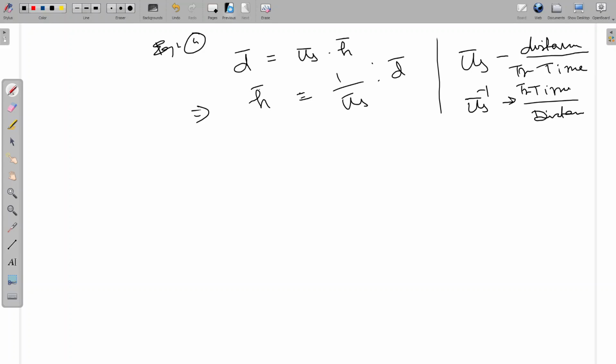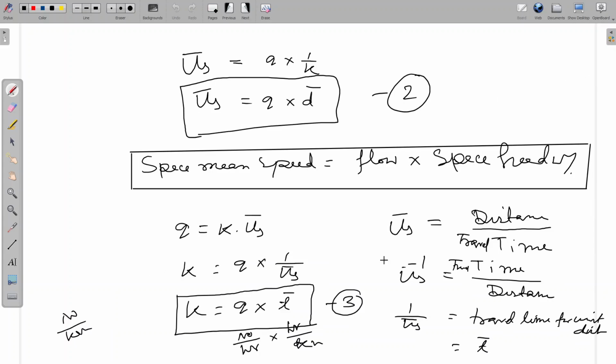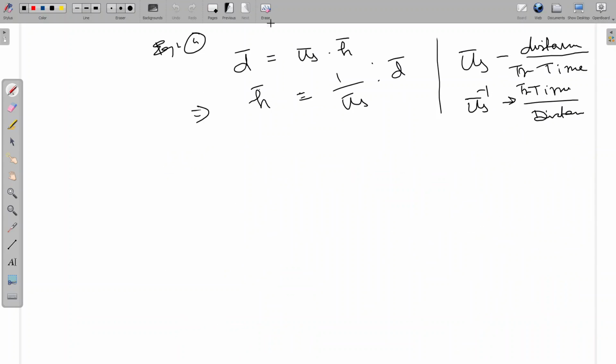Somewhere we have written that travel time for unit distance is nothing but equal to T bar. What is that T bar? T bar we have written earlier as the travel time for unit distance. So this Us bar is nothing but its travel time over.